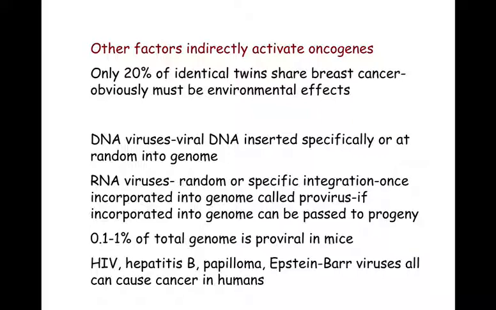There's different estimates of how much of a total genome was once originally viruses. In mice, the estimate is as much as 1% of the total genome is proviral.